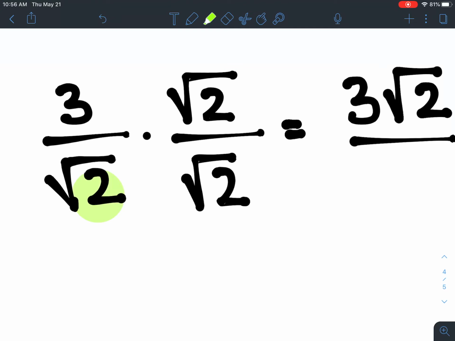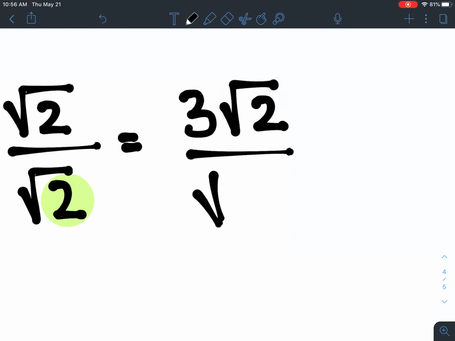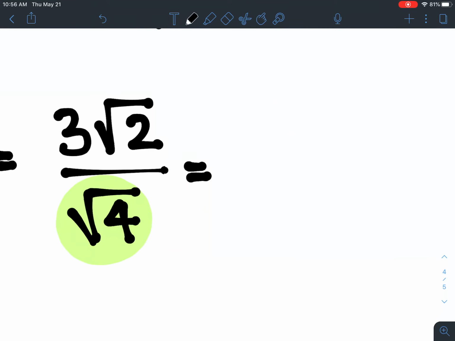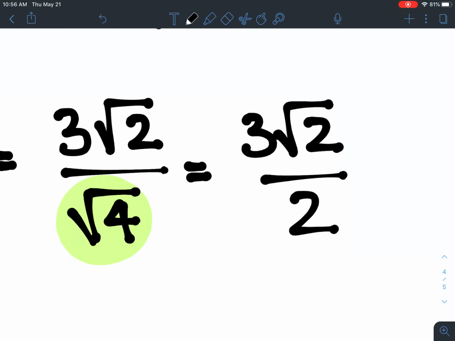Because the 2s are both underneath the radical, we can multiply those together and stick them back underneath the radical. So the square root of 2 times the square root of 2 becomes the square root of 4. Now, what is the square root of 4? Well, it's 2. So this then becomes 3 times the square root of 2, over 2.